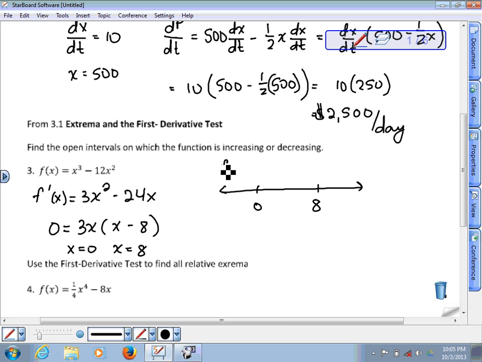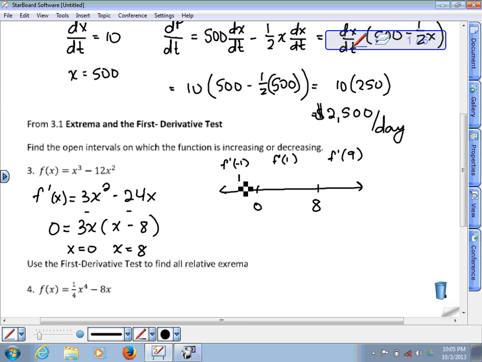So we could test f prime of -1, we could test f prime of 1 in this interval right here, and we could test f prime of 9. Okay, it doesn't matter the actual value that it yields, just whether it's positive or negative. So if we plug -1 into the first derivative function, this form of it might be a little bit easier. 3 times -1 is a negative value. -1 minus 8 is another negative value.